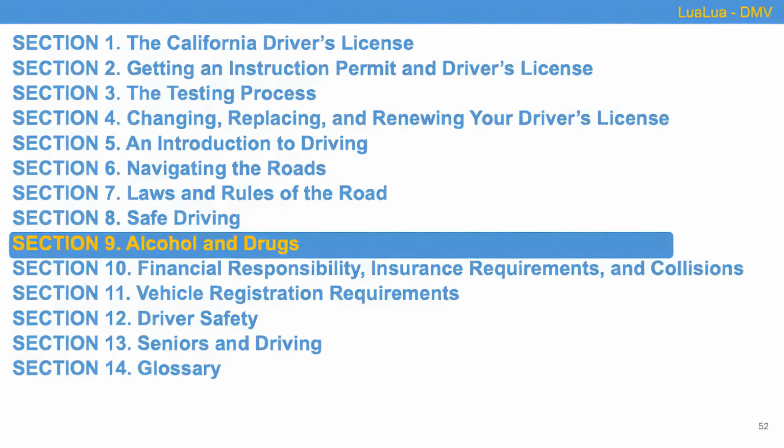Use or possession of alcohol or cannabis products in a vehicle. The law is very strict about carrying alcohol or cannabis products in your vehicle with you. It is illegal to drink any alcohol, to smoke or eat a cannabis product while you are driving or riding as a passenger in a vehicle.